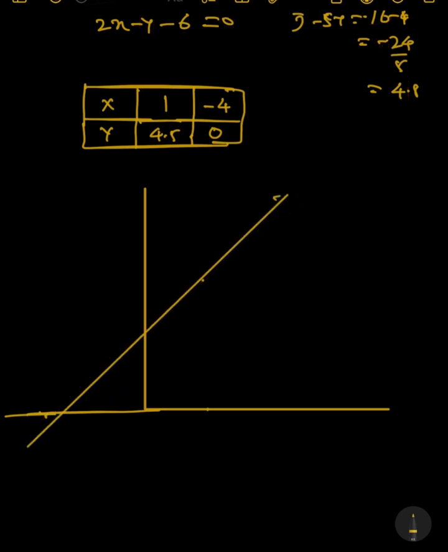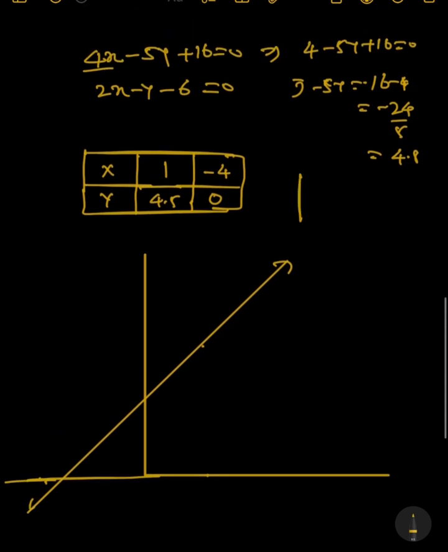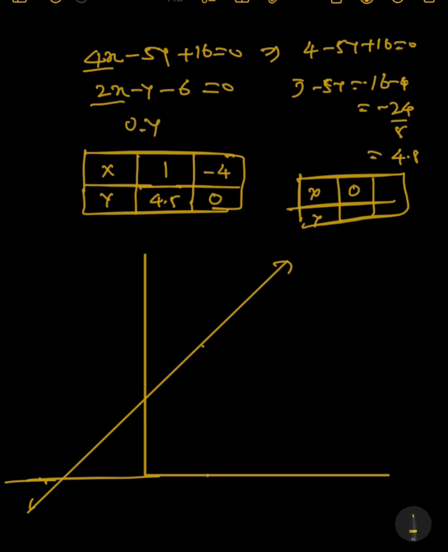So this is the line segment for the first equation, and for the second one we draw a table like this with x and y. Suppose x equal to 0, then y equal to how much? x equal to 0 means y equal to minus 6, and y equal to 0, then x equal to 3.